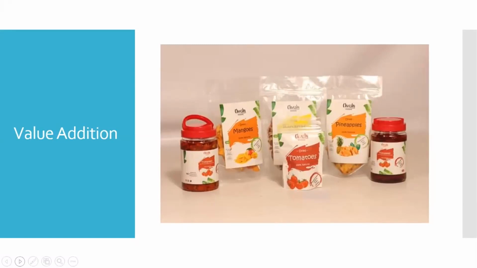But what Chashi Foods is doing is processing these tomatoes and other fresh produce that we produce in Zimbabwe into value-added products, as you can see from the slide. So in terms of tomatoes, they can dry your tomatoes, they can process them into soups, which I think will give our local farmers an edge.